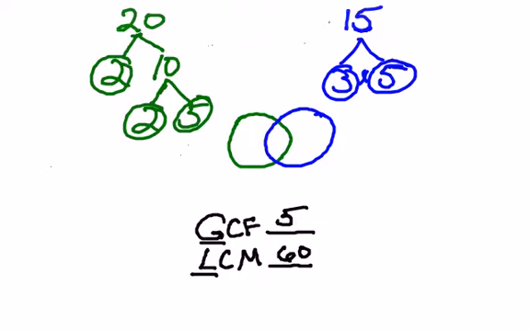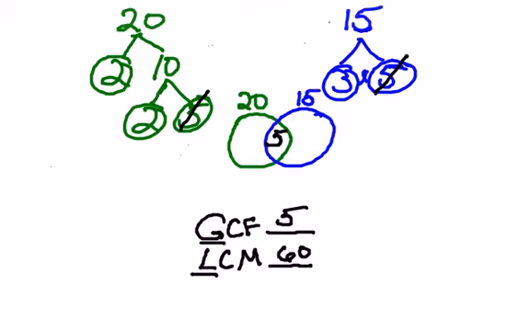They both have 5 in it, so if I cross out 5 for both of them, I only have to put it in one time in the middle. And the reason for that is because if you look at the 20, which is green, you'll see the 5. If you look at the blue one, which is 15, you'll see the 5 as well. So 5 is shared by both 20 and 15.